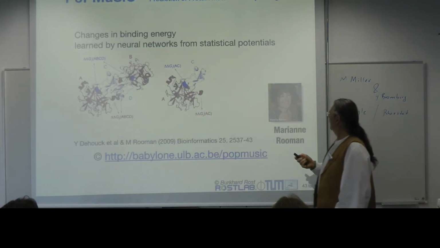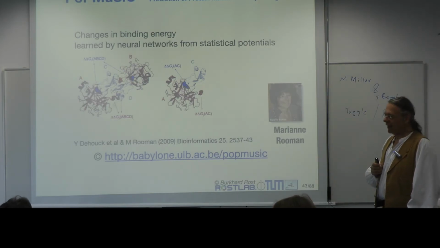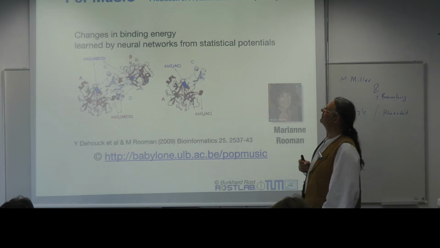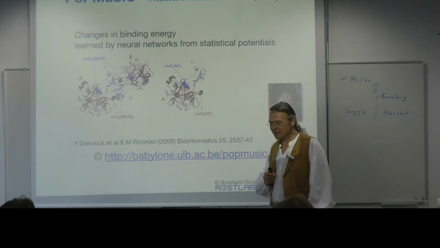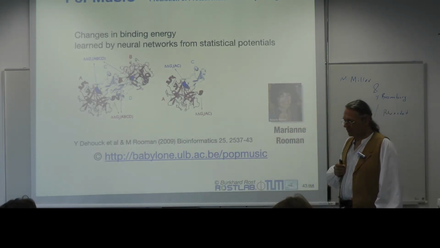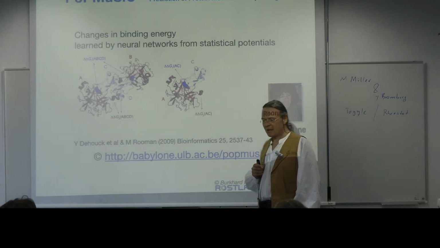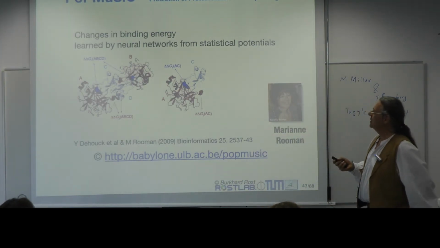POPMUSIC from the lab of Marianne Rooman. Actually, there's a bunch of those that have funny, interesting names from her lab. This is just one of them. It does something like that. It looks at the same delta G of binding, but tries a better approach.